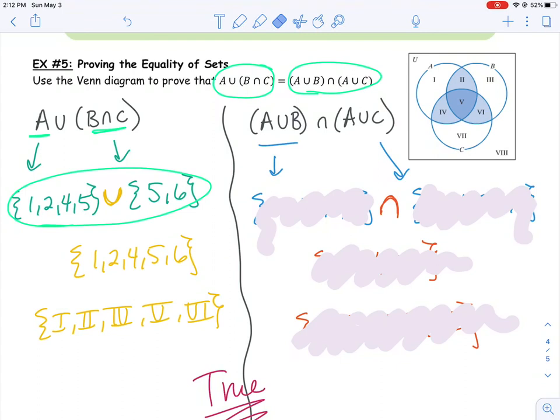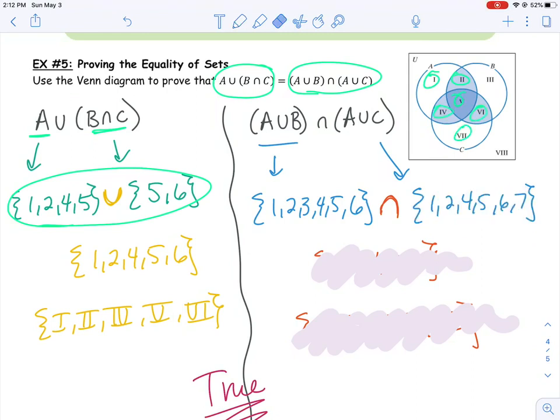All right, hopefully my right side matches. On this one, I see 2 sets of parentheses, so I'm going to do each one. I'm going to do the union of A and B. Remember, all of A's stuff and all of B's stuff. That was 1, 2, 3, 4, 5, and 6. Then I'm going to do the union of A and C, all of A's stuff and all of C's stuff.